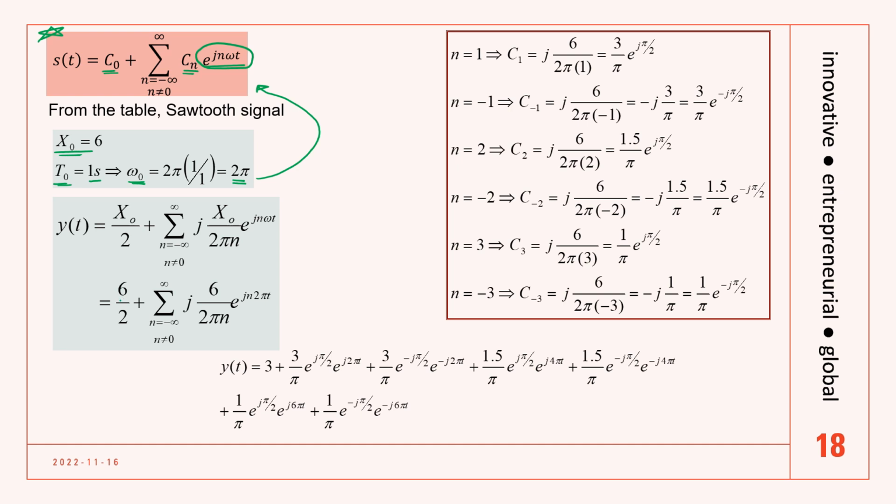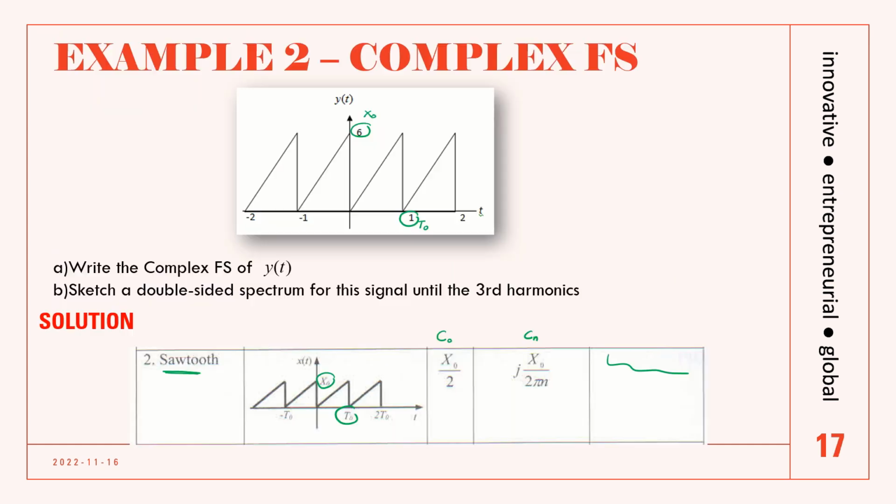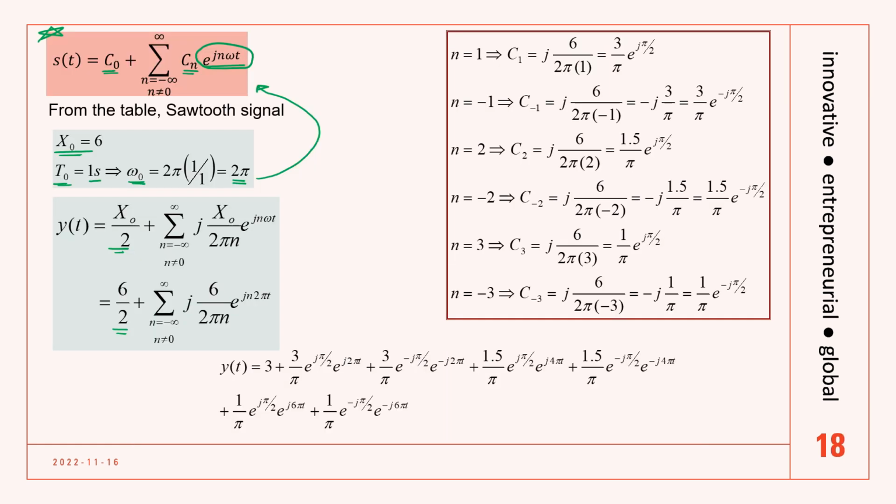So we will get 6/2. Your c naught is going to be based on this. Once you identify that value, you can just squeeze it inside this equation, and then you will come up with this equation.